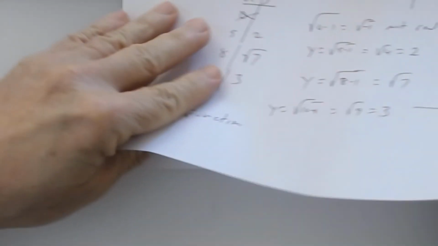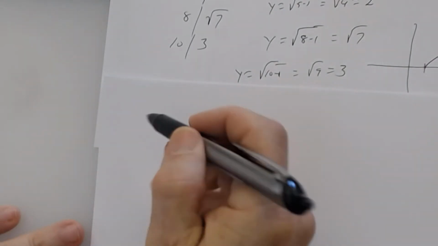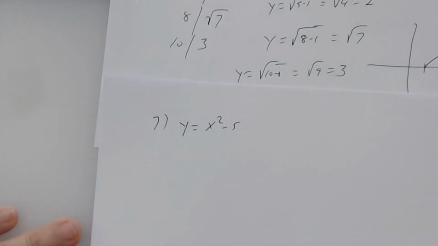Okay, number 7. All right, for 7, let's suppose we had y equals x squared minus 5. Sometimes you can tell right away if it is a function or not a function, and why?